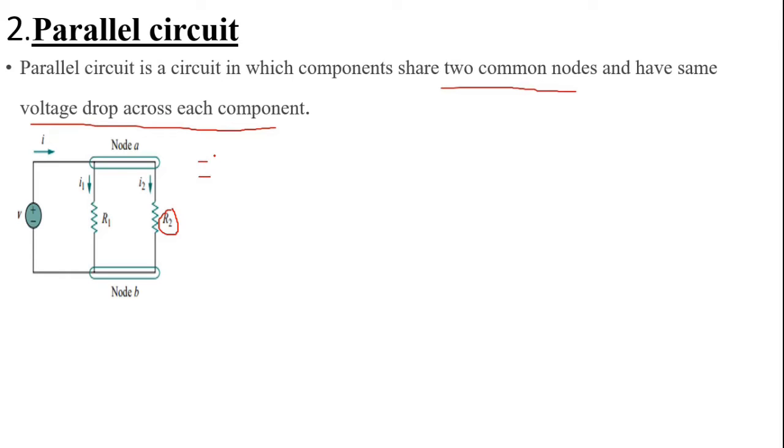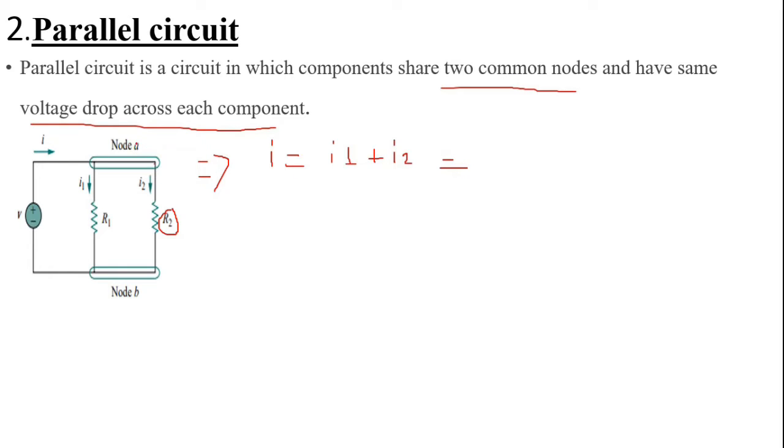If we apply KCL at node A, KCL states that the total current entering a node equals the total current leaving the node. Here we have two currents leaving node A and one current entering node A. So the total current I flowing through this circuit is I1 plus I2.